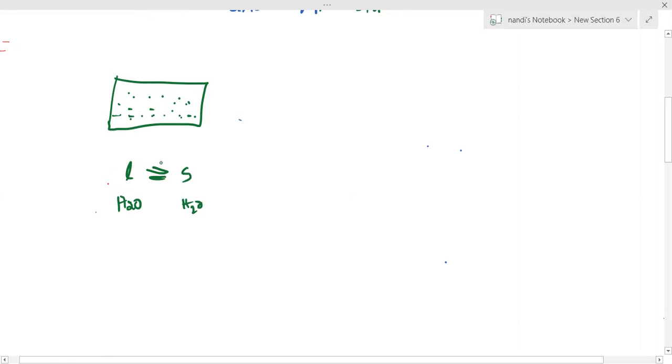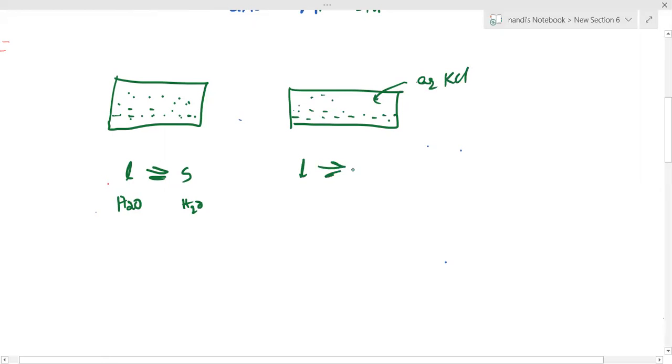When they exist in equilibrium, the vapor pressure is constant. If you add a non-volatile solute, maybe aqueous KCl, to the water, then the vapor pressure of the solution, when liquid and solid exist together in equilibrium, is going to decrease.